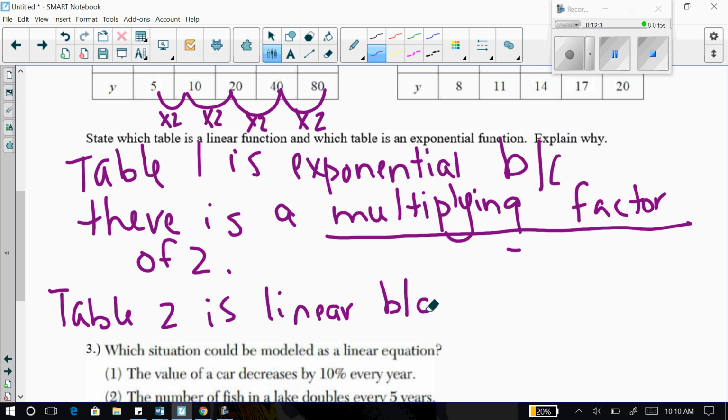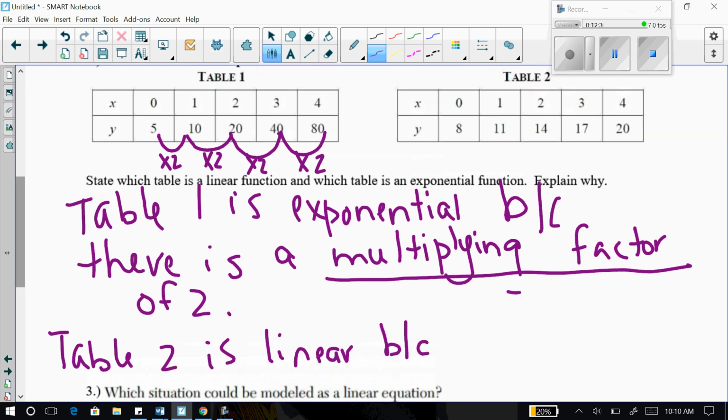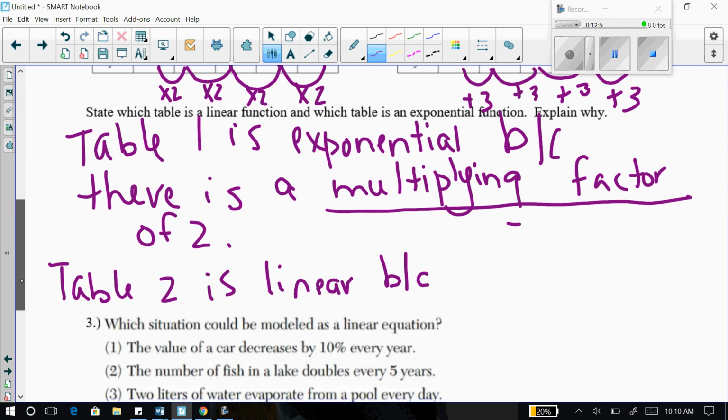because, now let's see, 8 to 11, what do we add to get there? 3. 11 plus 3 is 14. 14 plus 3 is 17, and 17 plus 3 is 20. So because we added, it's linear. Because we multiply, it's exponential.